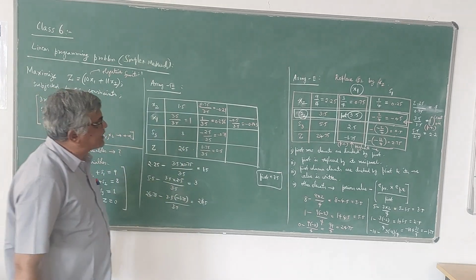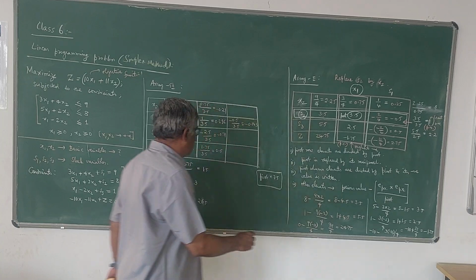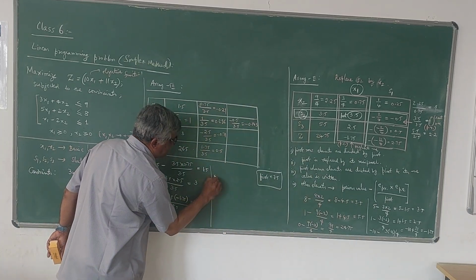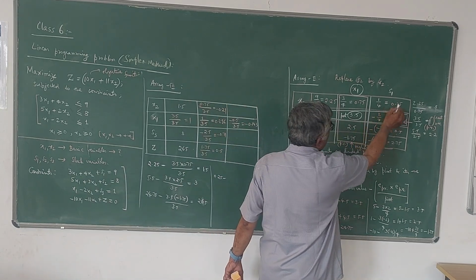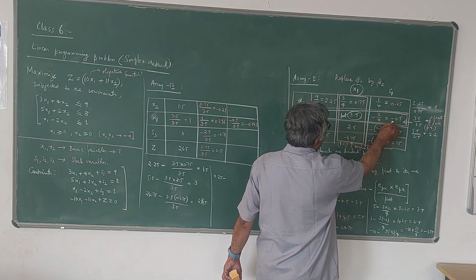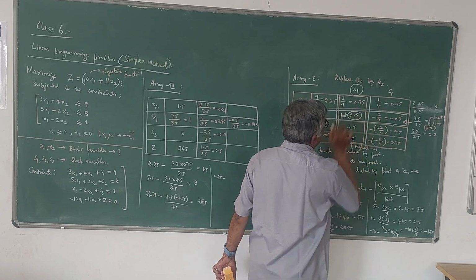Okay. Next, here, 0.25. This 0.25 has to be replaced by 0.25 minus the corresponding row element, which is minus 0.5, and the column element, which is 0.75.